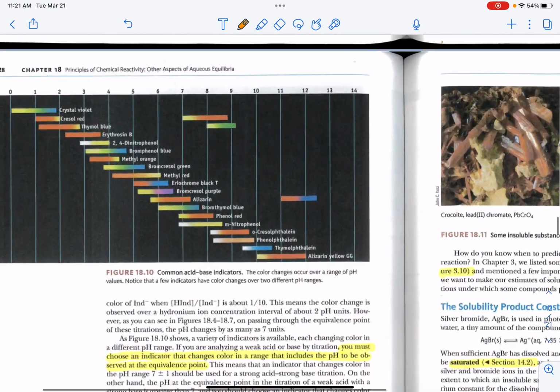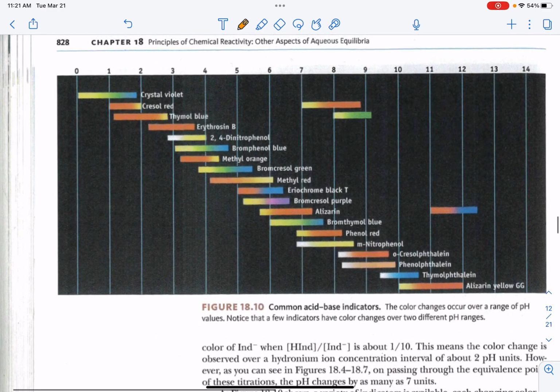Now here's an example of a bunch of indicators, and you can see that across almost the entire pH spectrum, from 0 at least up to 12, you can find an indicator that will change color for you in that particular range.